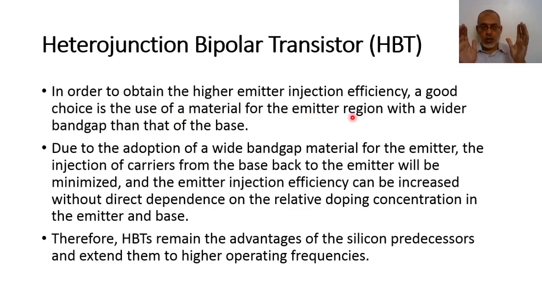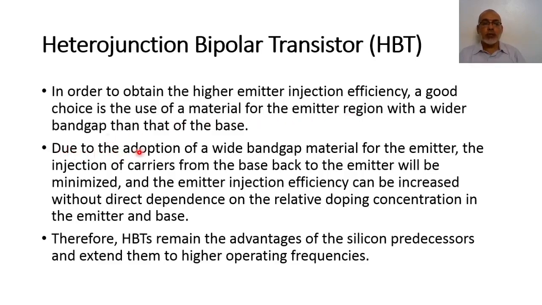So to have higher emitter injection, we are going to use a semiconductor material with a larger, wider band gap in the emitter. In this case, the carriers from the base cannot jump from the base to the emitter. So the flow of the carriers will go only from the emitter to the base.